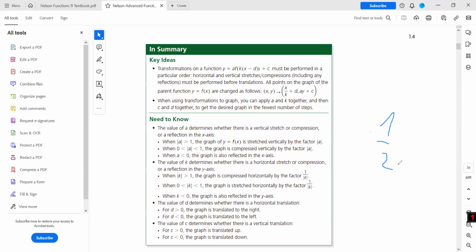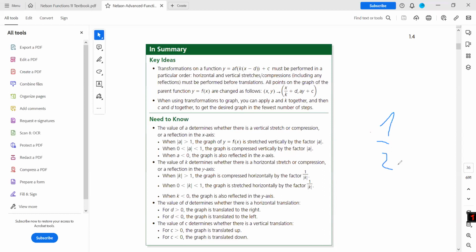The value of k determines whether there is a horizontal stretch or compression or reflection in the y-axis. When k is greater than 1, the graph is compressed horizontally by the factor 1 over k, but when k is a fraction, the graph is stretched horizontally by factor 1 over k. When k is less than 0, the graph is also reflected in the y-axis.